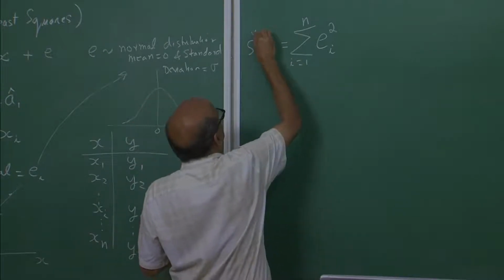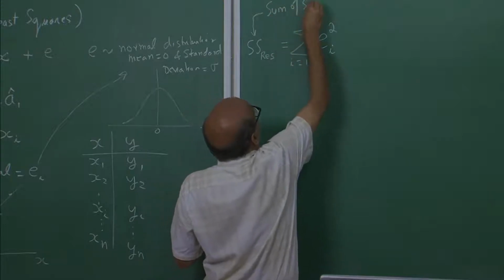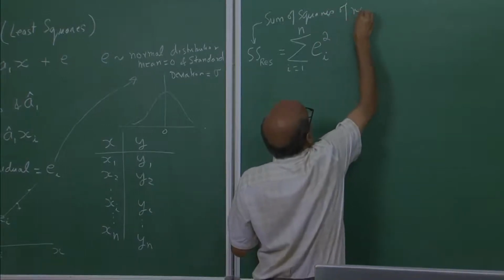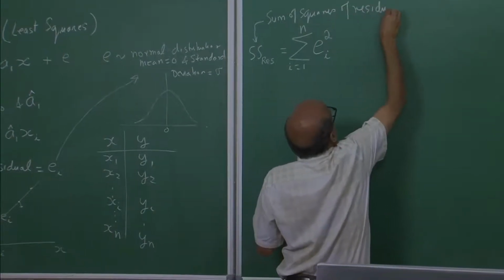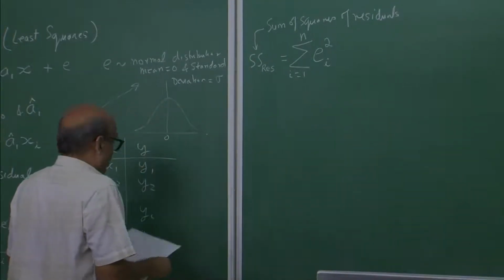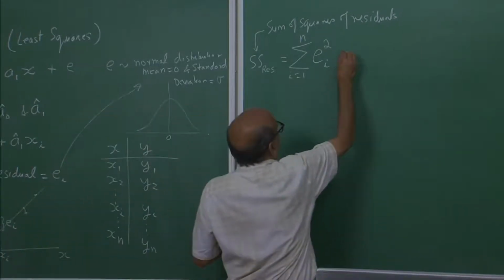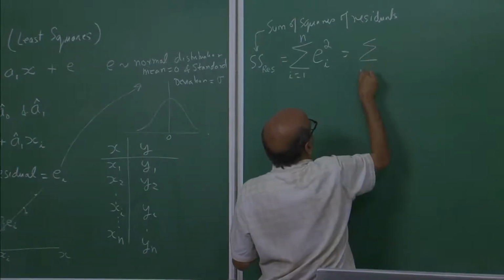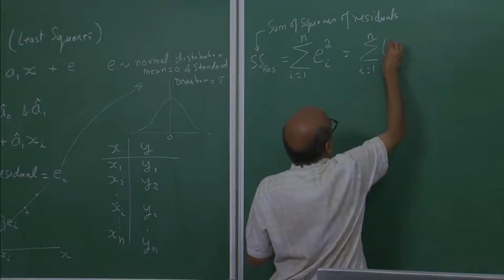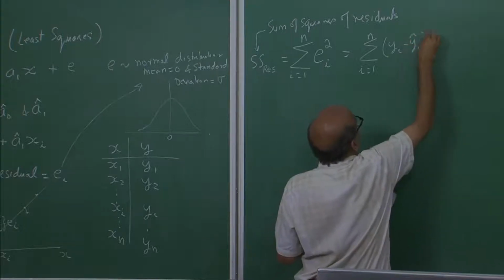So, let me just make a point here, sum of the squares of residuals. Now, let me just further expand this. Instead of writing e_i, let me write it as y_i minus y_i cap, squared.